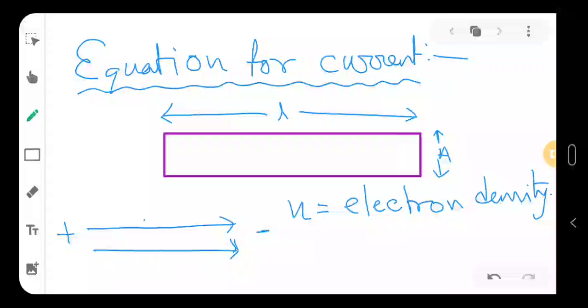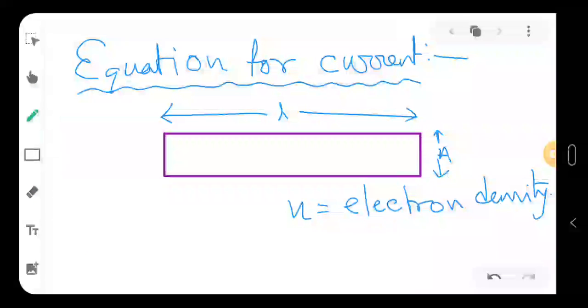If I have an electron here, this electron will feel a push in the opposite direction, because it will be attracted by the positive side and repelled by the negative side. So the electron will experience a force. The force on this electron will be electric field times the charge of the electron. There is a minus sign because the charge of the electron is negative and it goes in the opposite direction of the electric field.